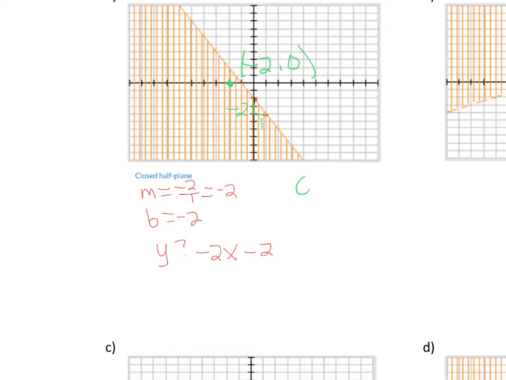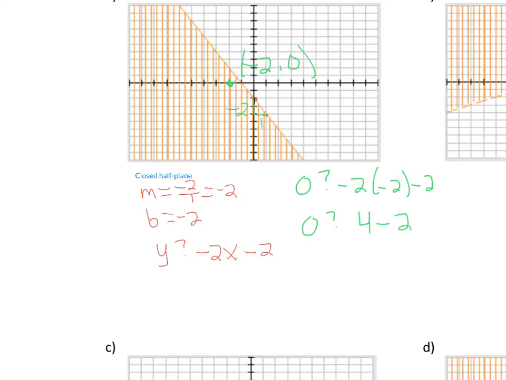0 is the y-coordinate. I'm trying to figure out what it is, greater than, less than, etc. Negative 2 times our x value of negative 2, and then minus 2. So on the right-hand side, negative 2 times negative 2 is positive 4.